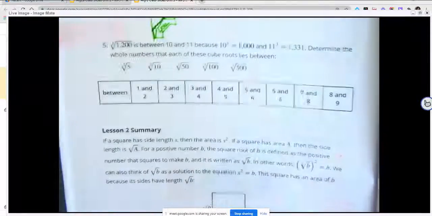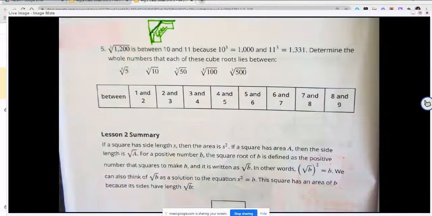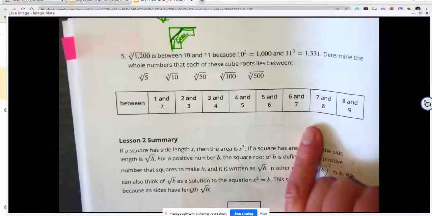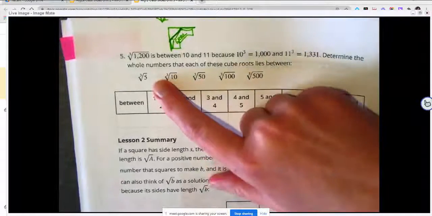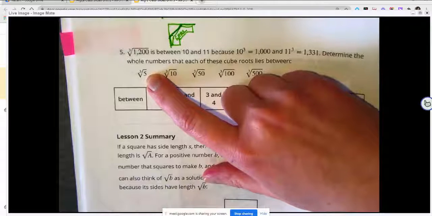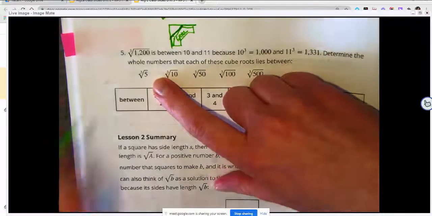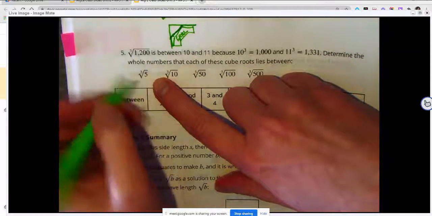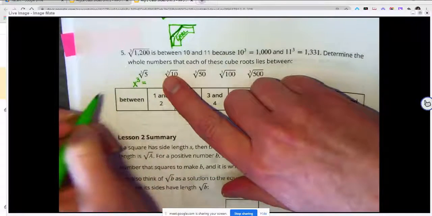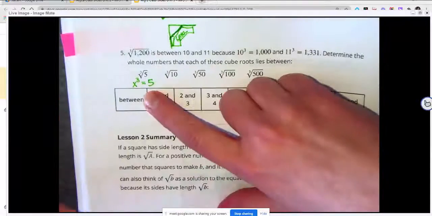So there may be times you just need to estimate about how much something would be, or what numbers it would fall in between. So if I had to estimate the cube root of 5, I would have some struggles trying to think of some number to the 3rd power, what number that would be that would get me to 5.